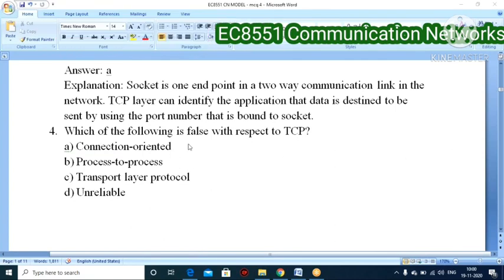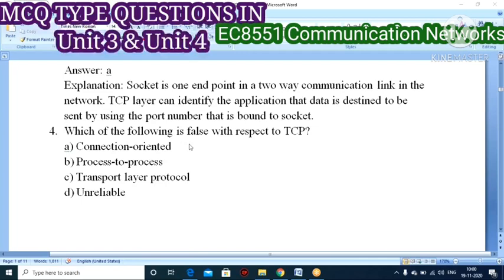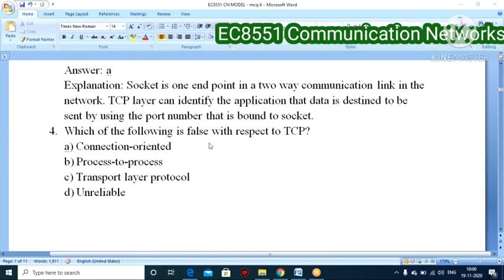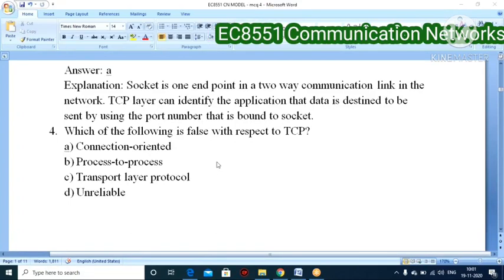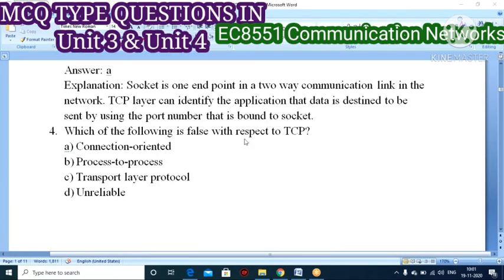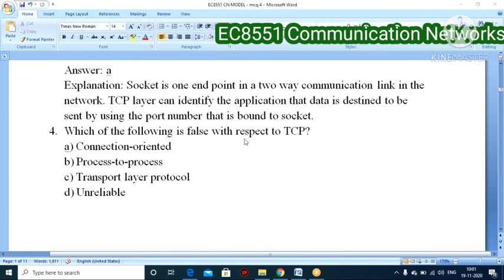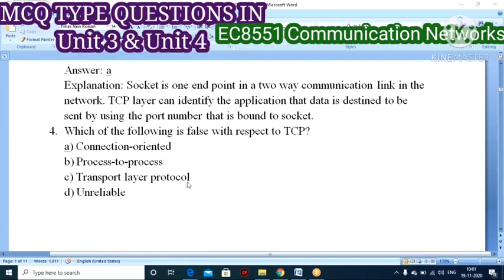TCP is connection oriented. Is it true or false? True, sir. Okay, so this one is true. Very good. TCP is process to process. I hope you have doubt in this topic. TCP is a transport layer protocol. Is it true or false? True.